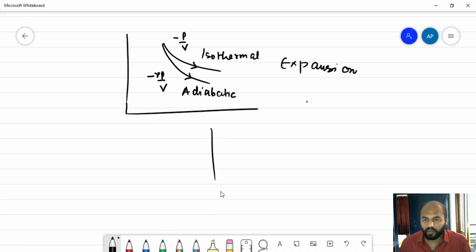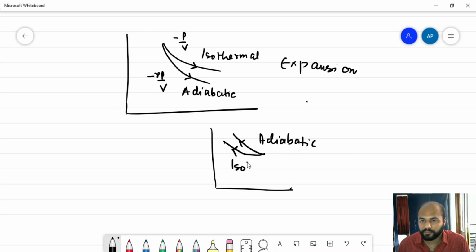If it's a process of compression, then the adiabatic graph would be on top. So this would be adiabatic and this would be isothermal. Of course, we are talking about the PV graphs.